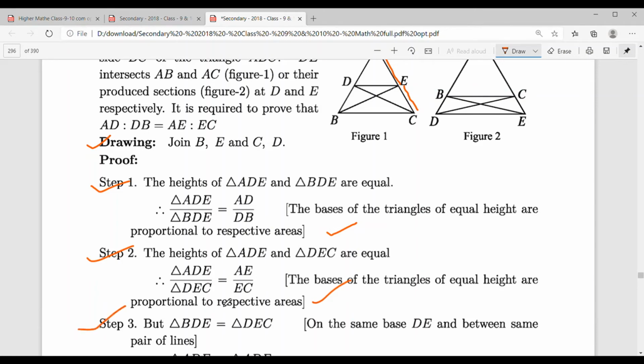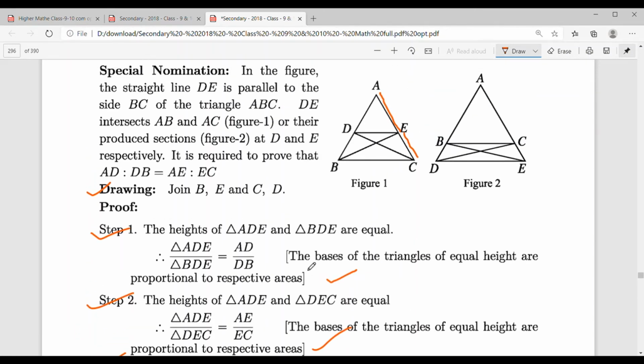Step 3. But the areas of these triangles are equal. Why? Because their bases are the same.